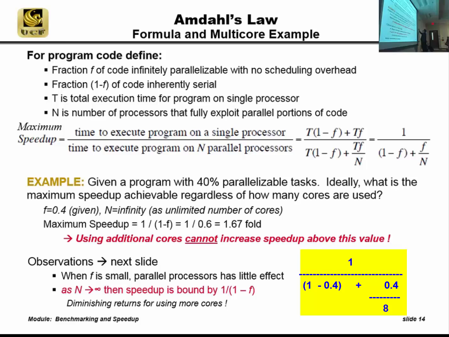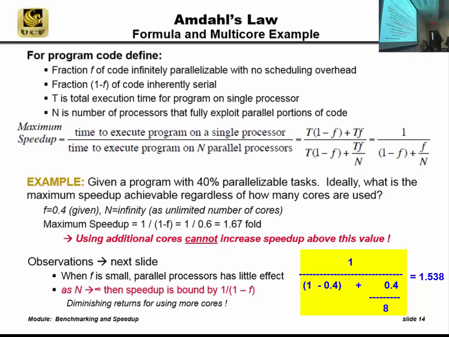What's 0.4 divided by 8? 0.05, since 5 times 8 is 40. So 0.6 plus 0.05 is 0.65. And then we do 1 over that.